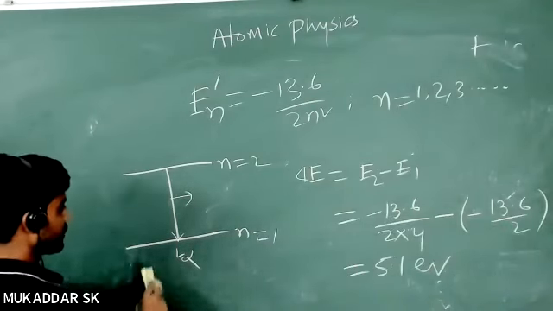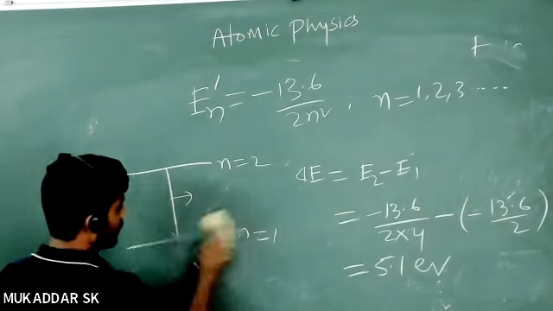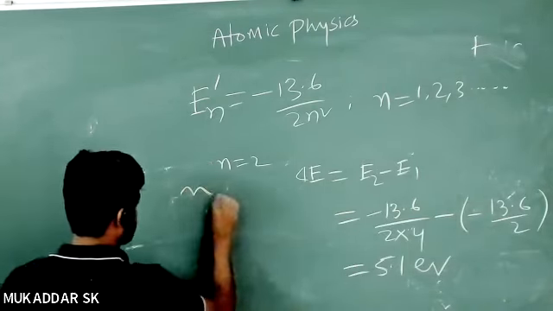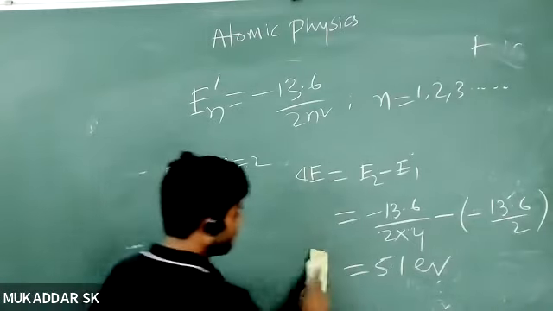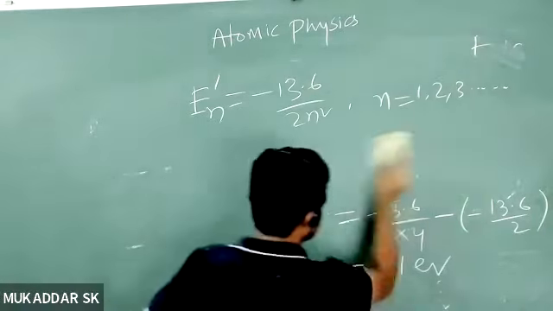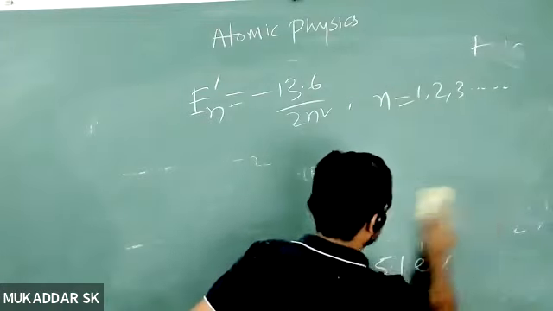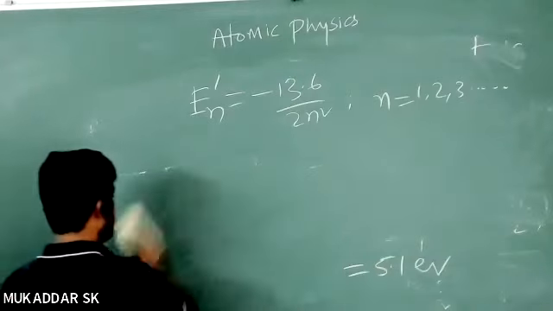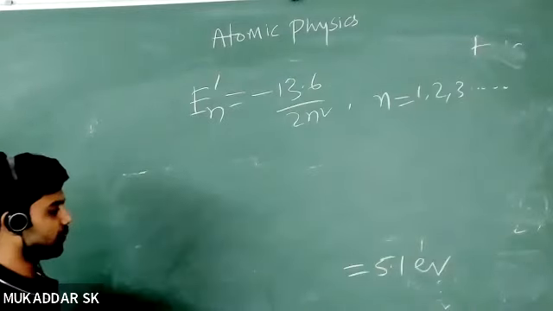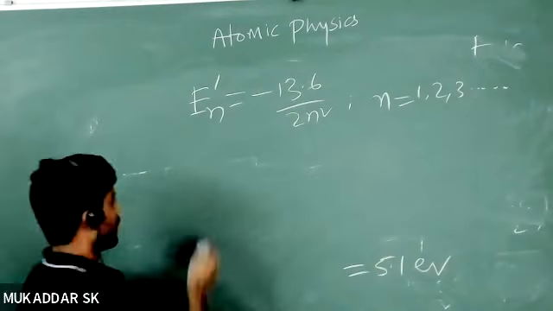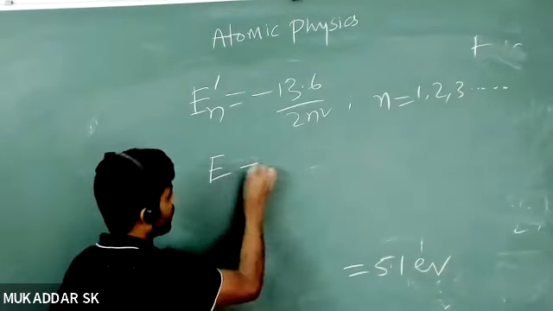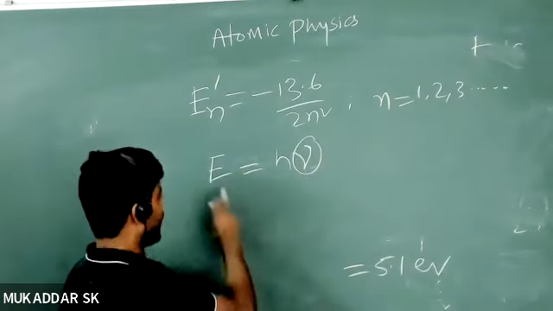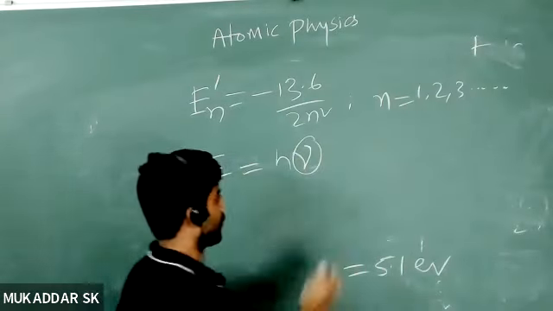Now if you know that energy, you can calculate the frequency of the photon emitted due to this transition. So how much will the frequency be? Anyone? You got the energy of the emitted photon in the Lyman alpha line, that is 5.1 electron volt, and for a photon E is nothing but h into nu, where nu is the frequency.